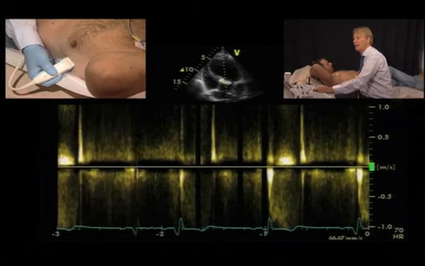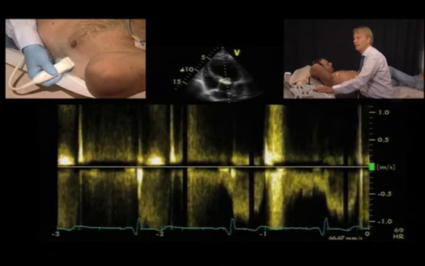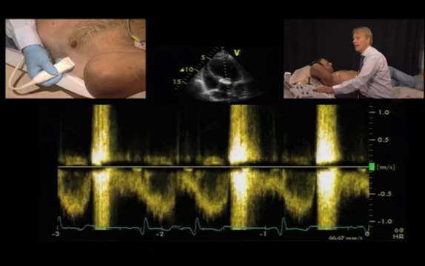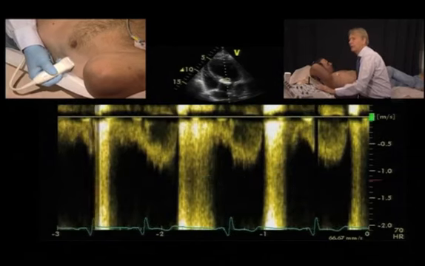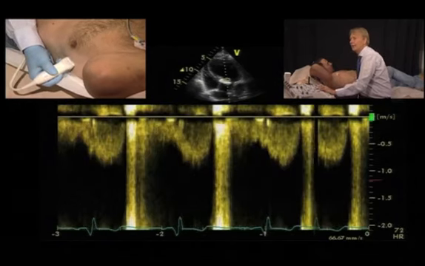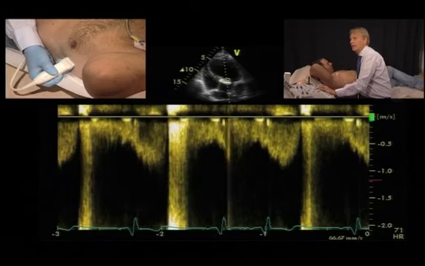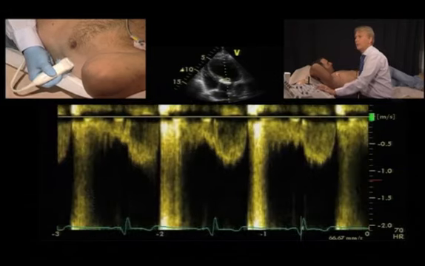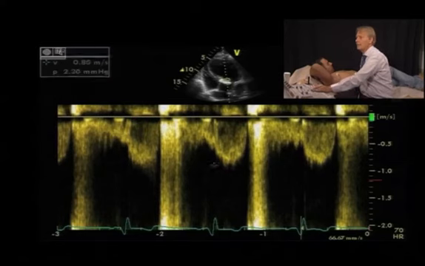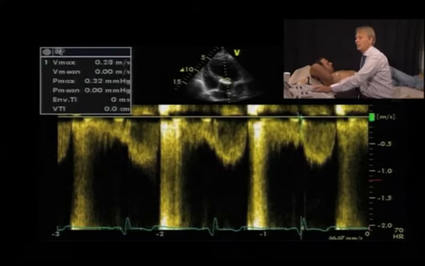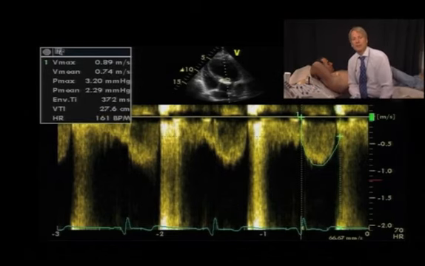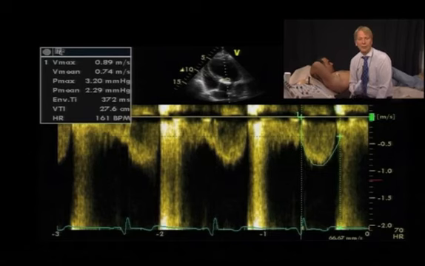And then we move back to the point where the velocity is again not as high. And this is the region where we're just exactly below the aortic valve, and this is also the region where we measure the LVOT diameter. We freeze the image, and then we simply trace the LVOT curve and use that together with the maximum velocity, which we already measured, of the aortic valve to calculate aortic valve area.